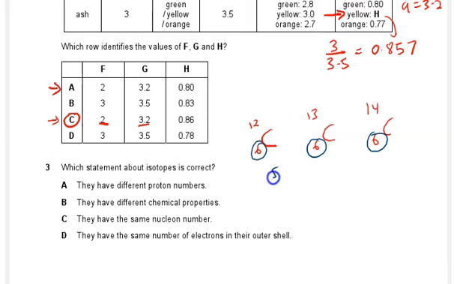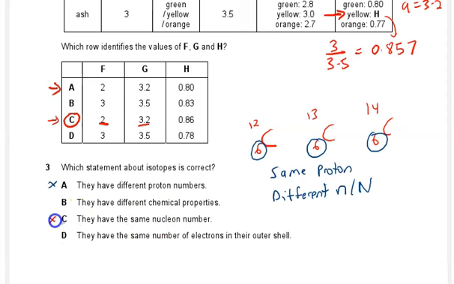So you have the same proton number, but a difference in neutron number and also nucleon number. They have the same chemical properties due to their same proton number, which is the electron number.